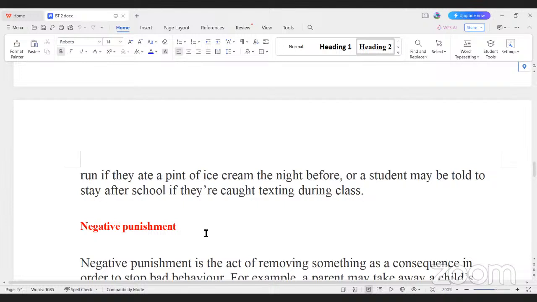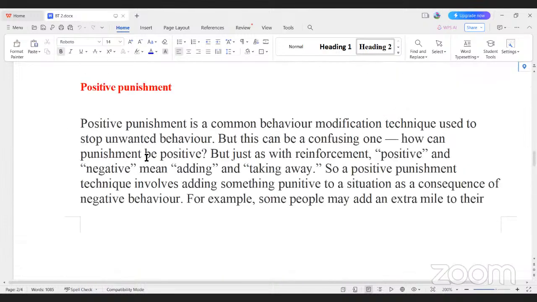So that type of behavior they want to reduce. For that, as a punishment, when they do physical exercise by running daily, today you have to run an extra mile because yesterday you ate more ice cream. So today, instead of 2 kilometers, you have to run 3 kilometers. So this is a positive punishment because by running extra, he will get something added, no?